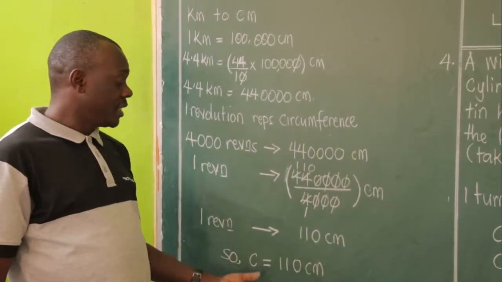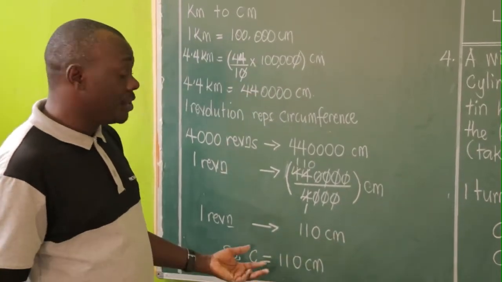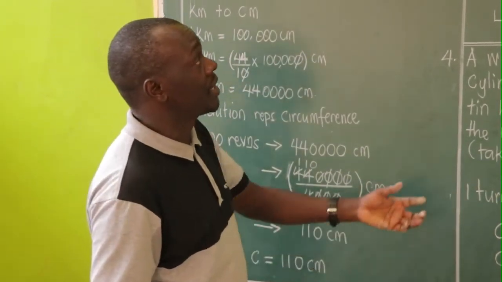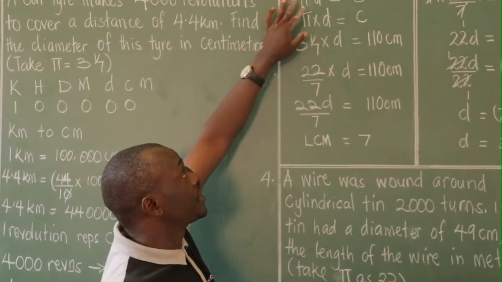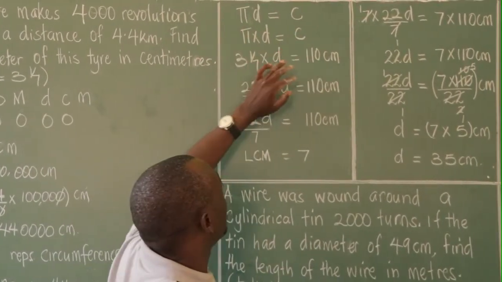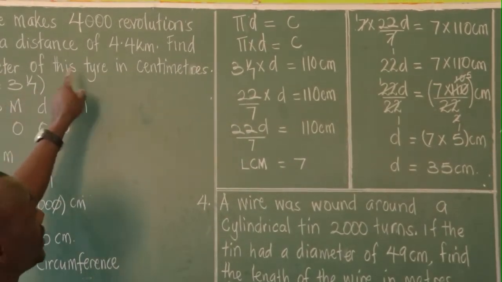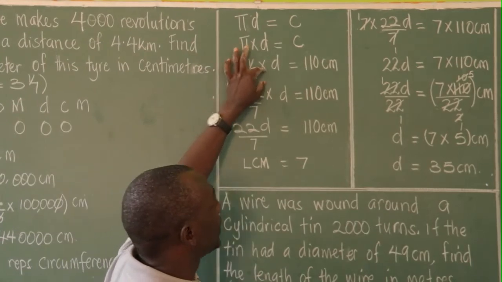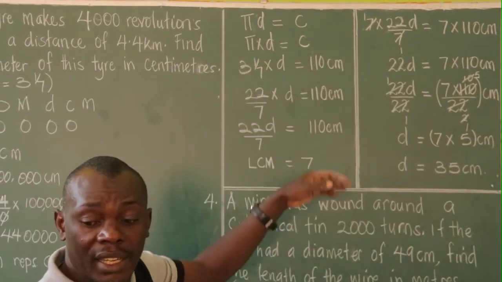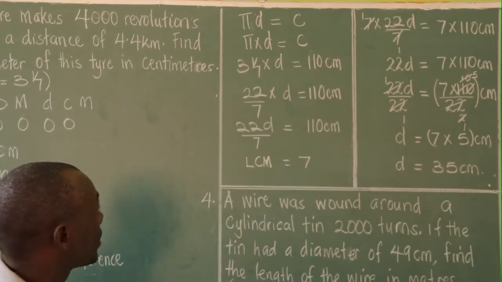The new question reads, find the diameter of any circular object with circumference 110 centimeters. Then apply circumference. You say pi d equals circumference. Pi times d equals circumference. Use the dictated pi as 3 1/7. You say 3 1/7 times diameter equals the circumference, which is 110 centimeters.